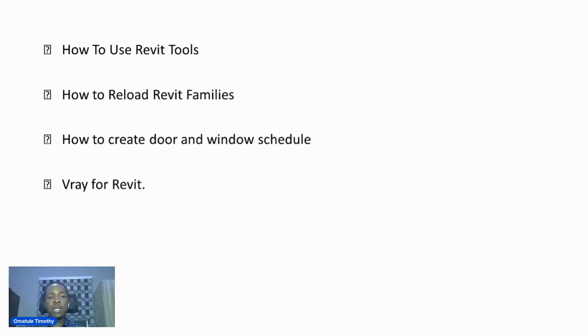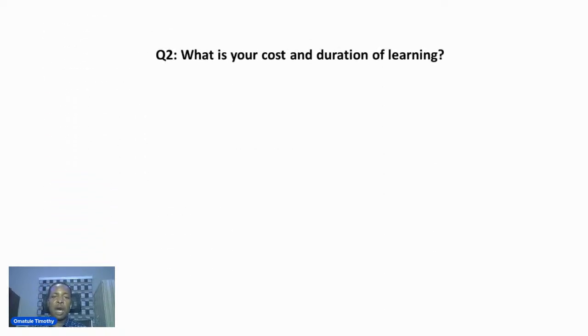You learn how to create doors and windows schedules. You learn how to use V-Ray for Revit. You learn how to produce masking. Masking is for a more complex project, okay? And many more. There are so many things you are going to learn, for the sake of time I will not be able to list all of them now.